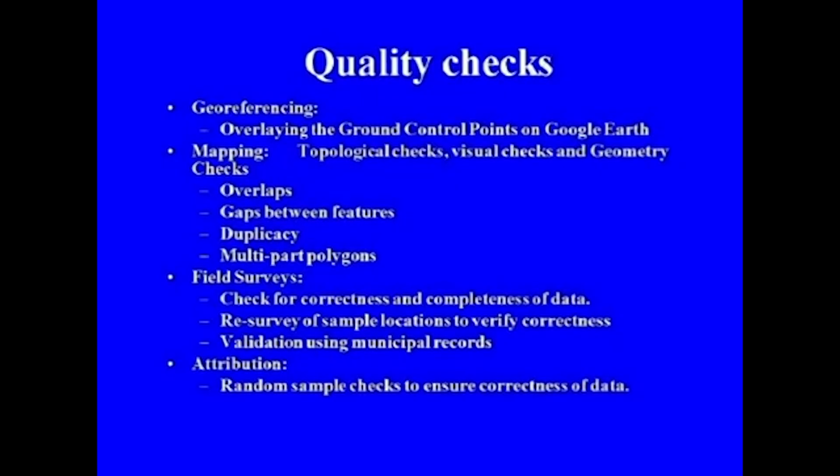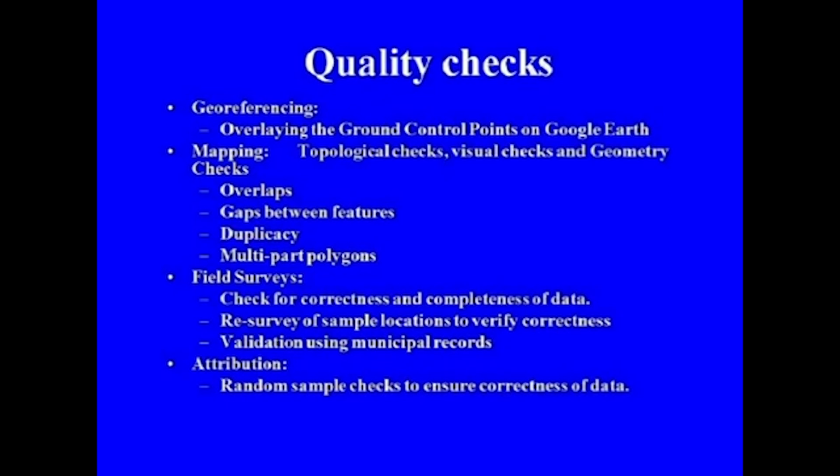Now, coming to the quality checks. First was the georeferencing, that is overlaying of the ground control points on Google Earth. Next was mapping for topological checks, visual checks and geometry checks, for overlaps of information, gaps between features, duplicacy and multi-part polygons.